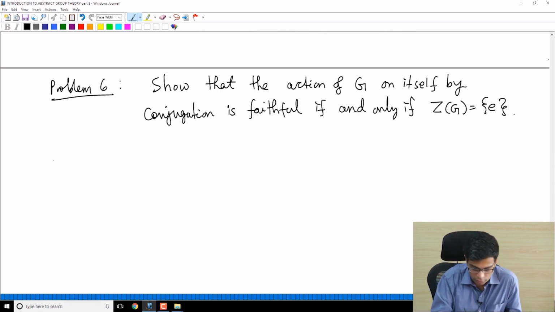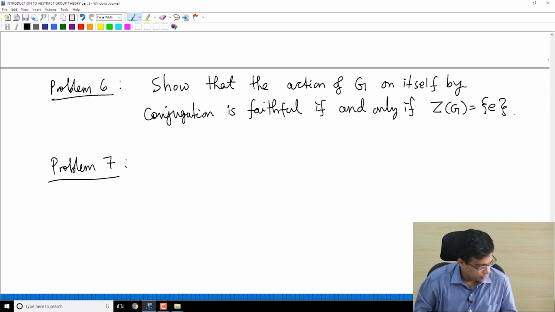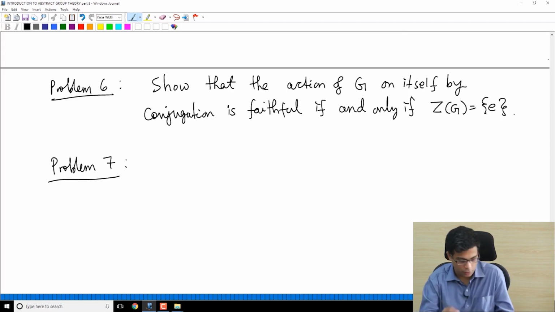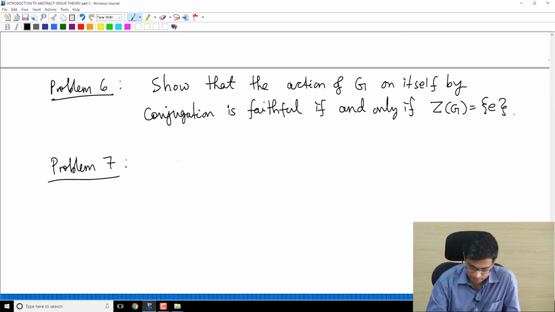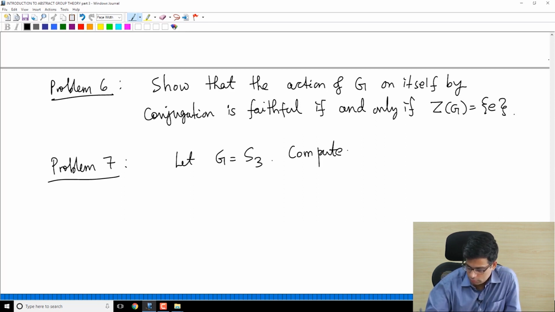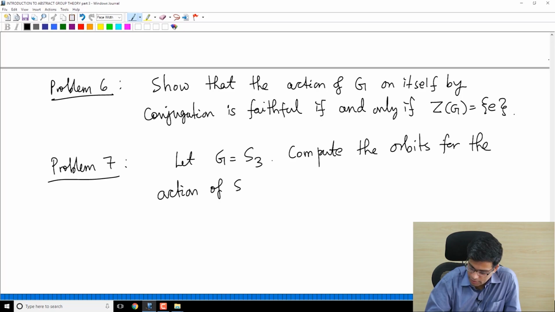Let's finally do one more example. This is computational: compute equivalence classes and orbits. So let G be S3, compute the orbits for the action of S3 on itself by conjugation.